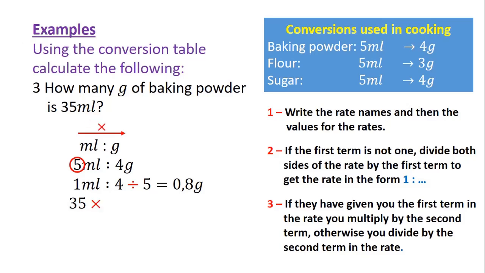How much do we multiply by? Our 0,8 that we've just calculated. We put that in our calculator, we press equals, and we get 28 grams. So 35 milliliters of baking powder is 28 grams.